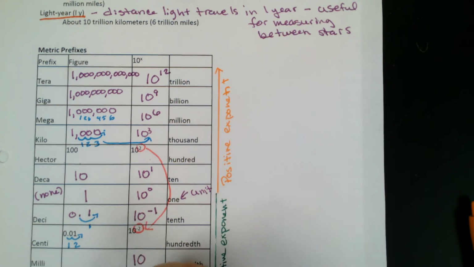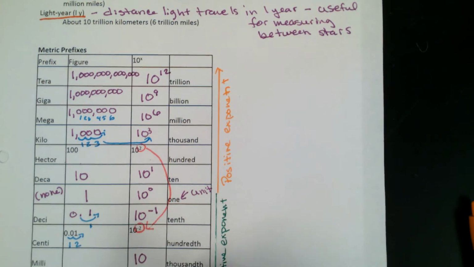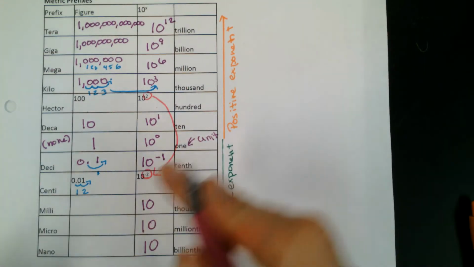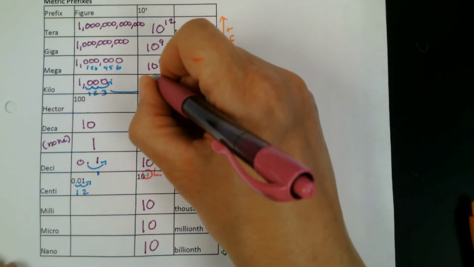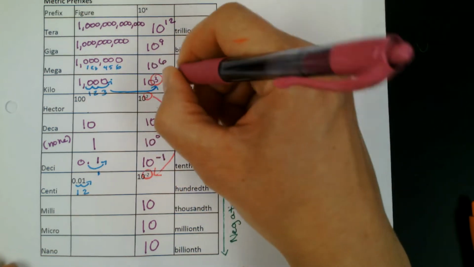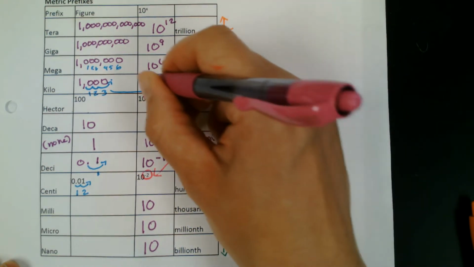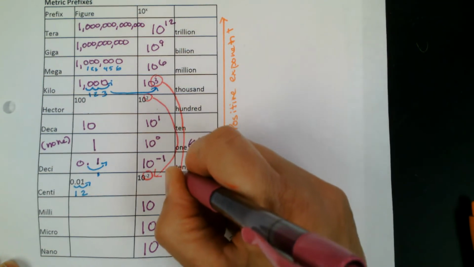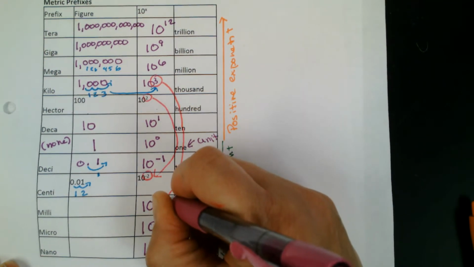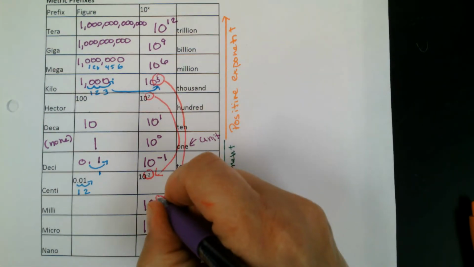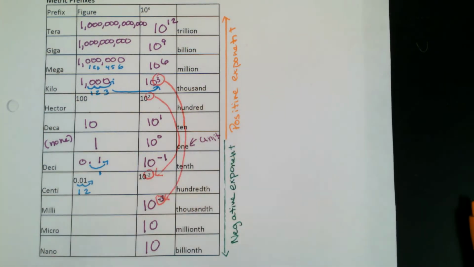So I'm just going to put 10 here to prep myself. So I see that my 1,000 over here, this is another way of looking at it. If you learned a different way in math class, don't be afraid to use whatever you're comfortable with. But see that this is 1,000, so I'm going to take that 3 and say, okay, when I have 1,000th, that means that it's going to be negative 3. Okay.